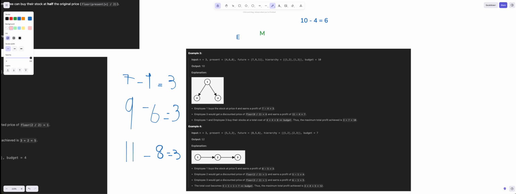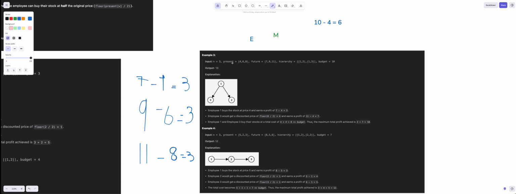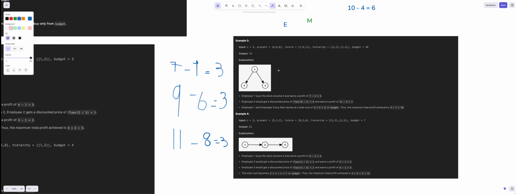So let's consider that we got the discount price. If we are purchasing at the full price, that is not possible. Okay, how about we have a discount that follows the given question. The manager purchases at the original price of 4 and then sells it back at 7, that is a profit of 3.